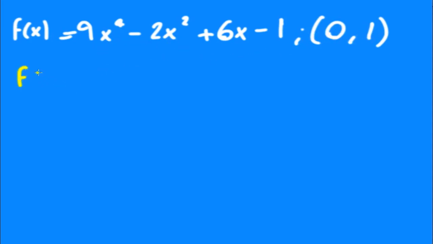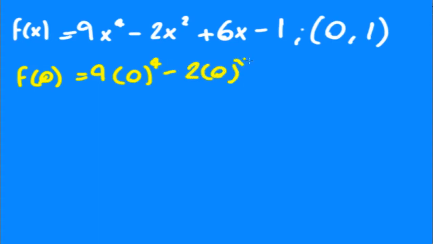So f of 0 equals 9 times 0 to the fourth minus 2 times 0 squared plus 6 times 0 minus 1, which is 0, 0, 0, minus 1.